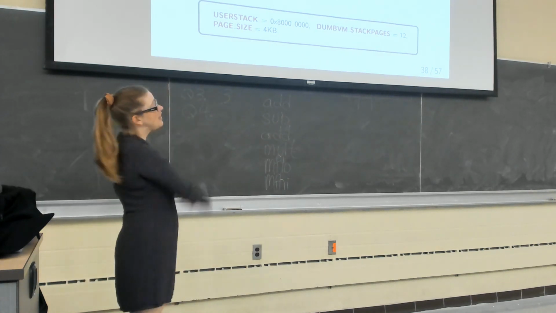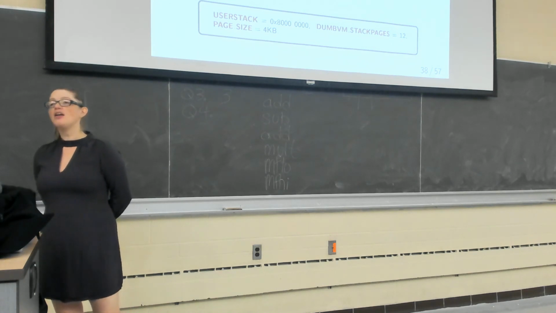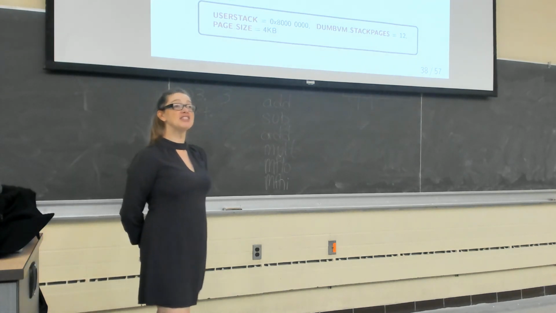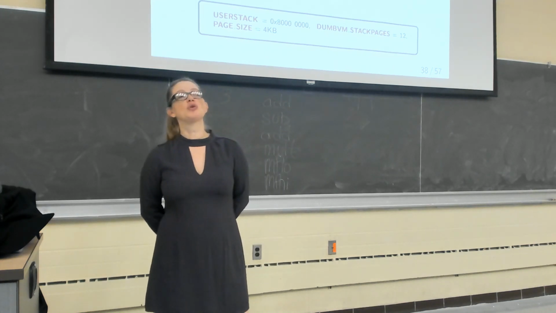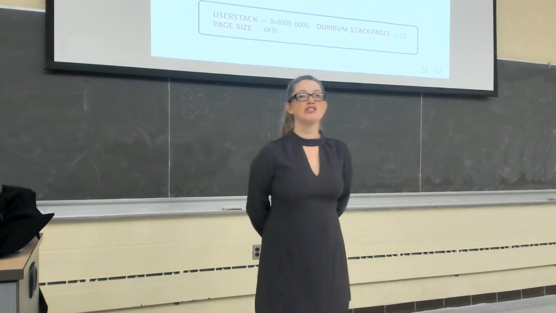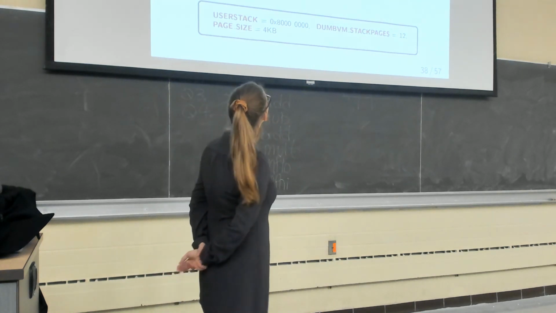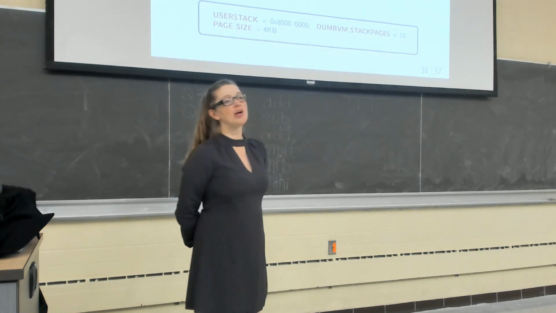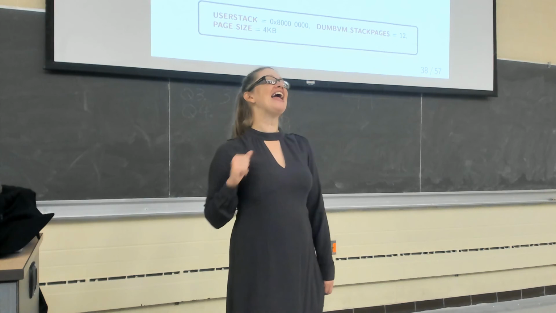This code here I have stolen directly from dumbvm.c, and what it does is figure out which segment the address is in, and then translate that virtual address into the physical address. The first thing we do is, for each of the segments, compute the base and the top. The base is the low address, and the top is the high address.